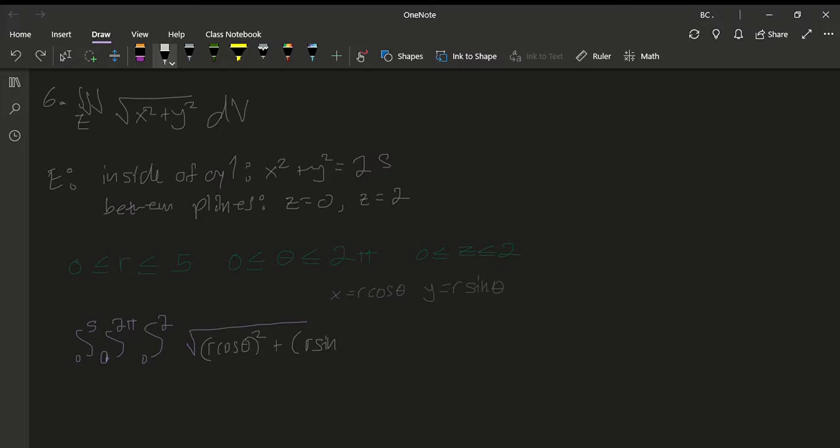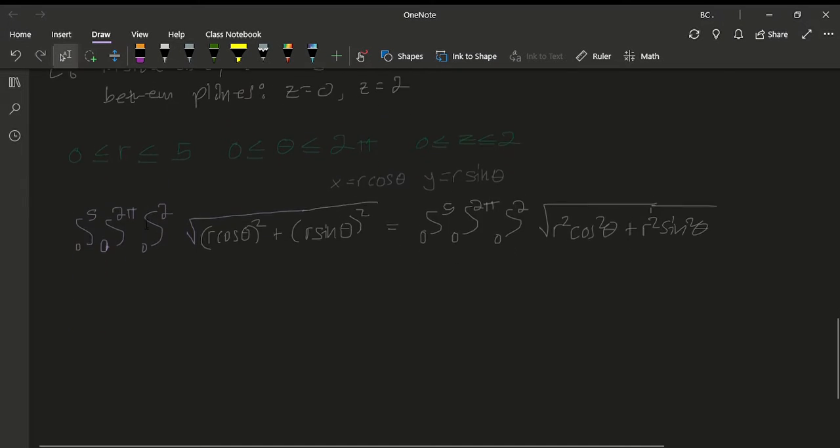This is equal to the integral from 0 to 5, 0 to 2 pi, 0 to 2, of the square root of r squared cosine squared theta plus r squared sine squared theta. Which means we get to do a fun thing.